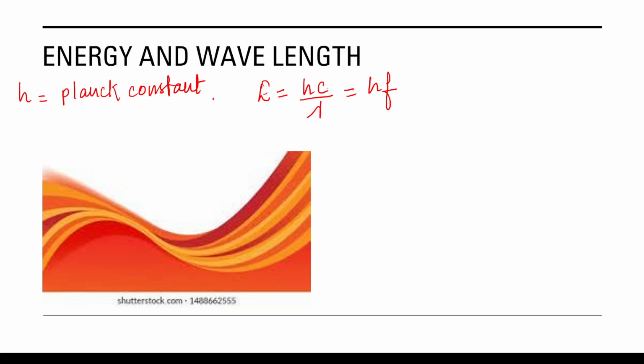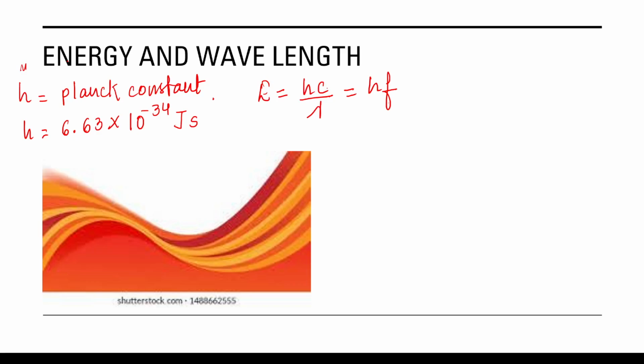So h is given both in joules and in electron volts. In joules, the value of h is 6.63 times 10 to the power minus 34 joule seconds. You don't need to remember this value, it is in the data sheet.